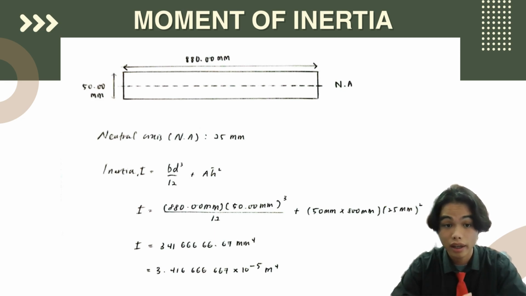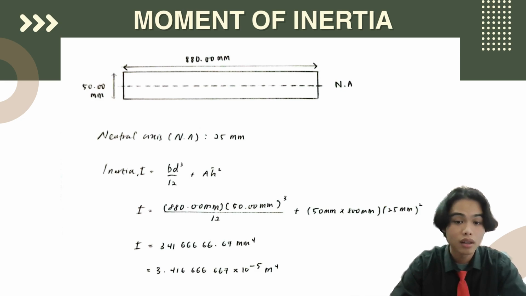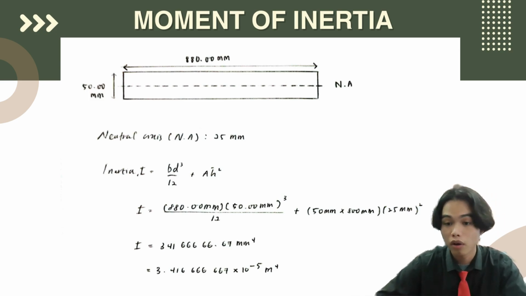Then I conducted the calculation using the formula I equals BD squared over 12 plus AH squared, which appears on the slide. And then I get the final answer, which is 3.416666667 times 10 to the power of negative 5 meter to the power of 4.